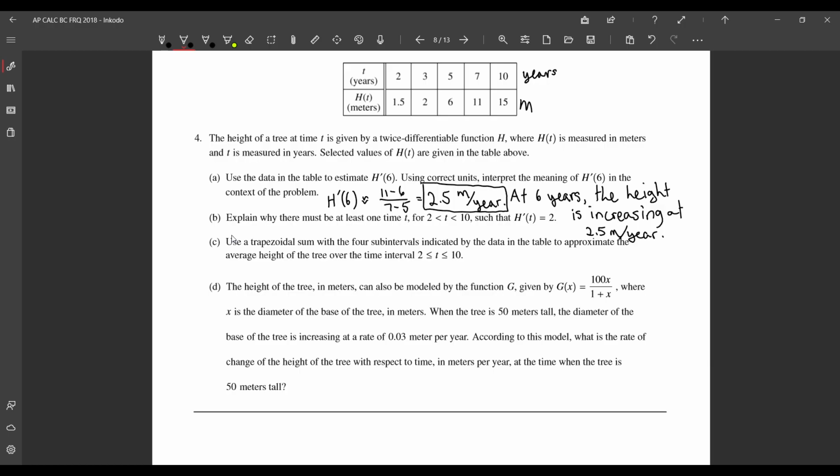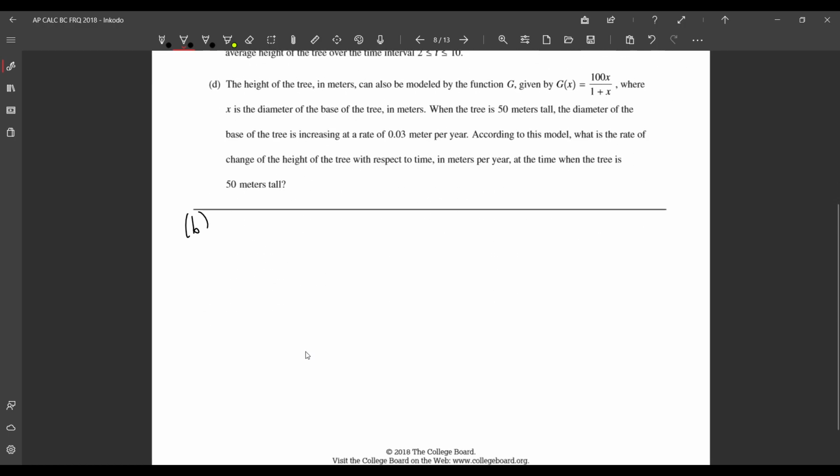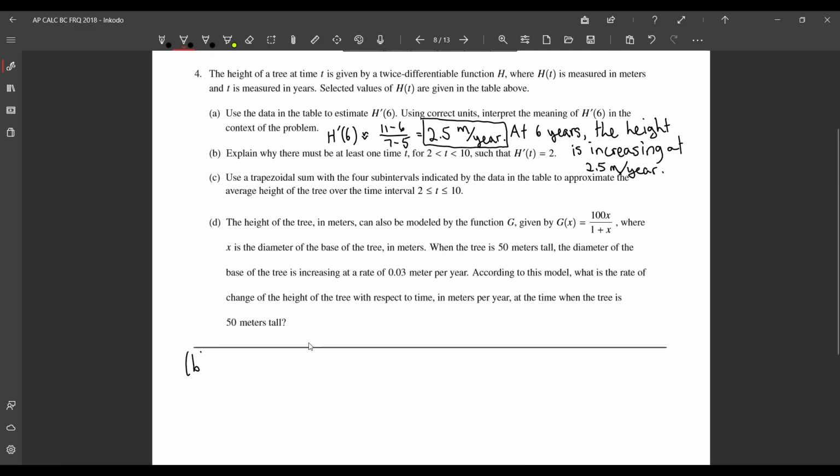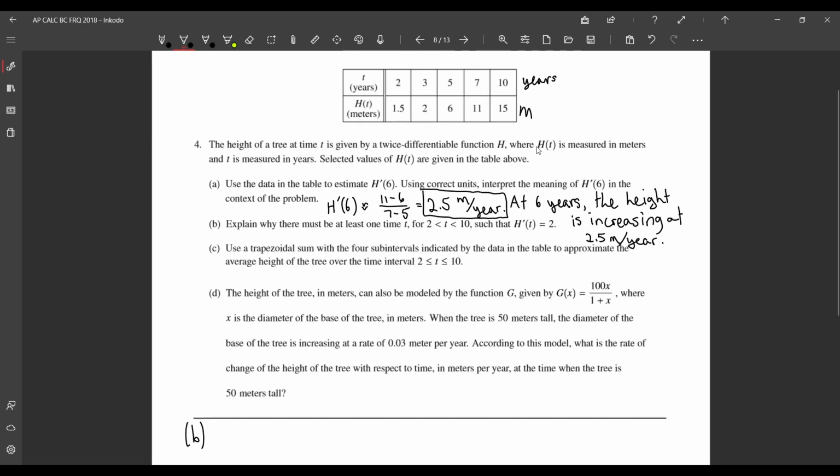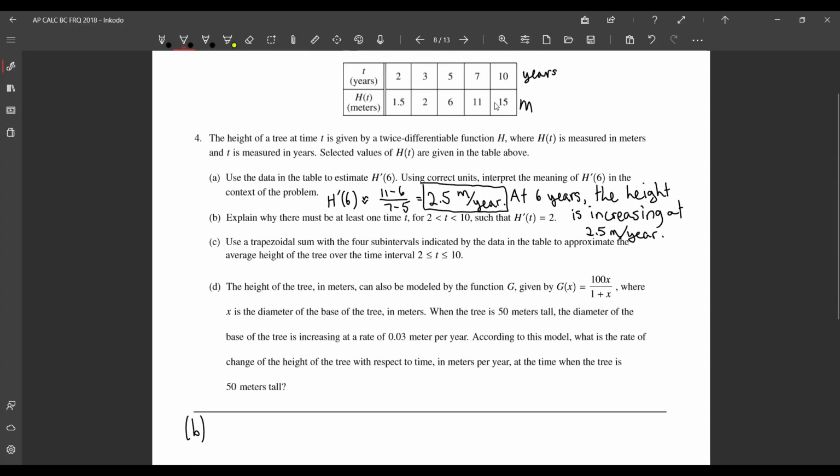Now I'm gonna start writing down here. Explain why there must be at least one time t from 2 to 10 where h prime of t equals 2. So I believe in order to do this, we have to find some interval where the average rate of change is 2.